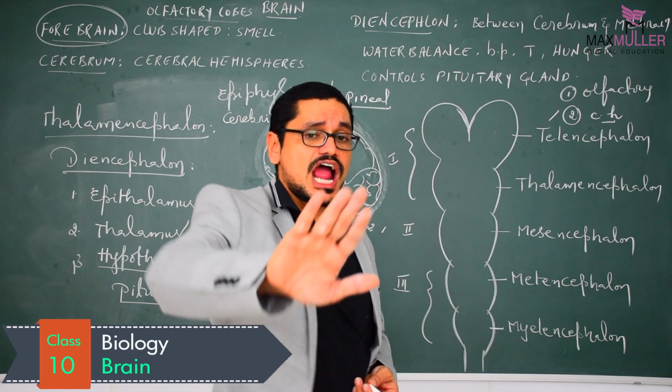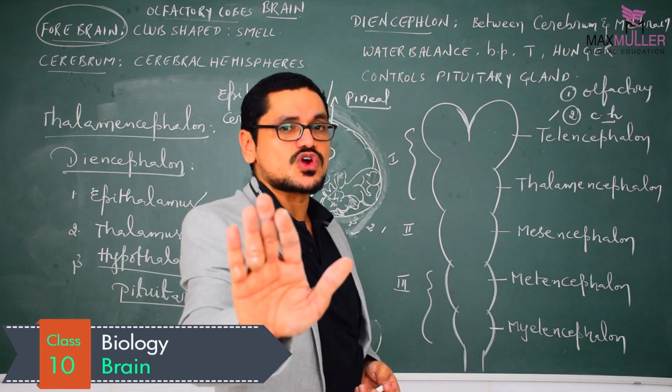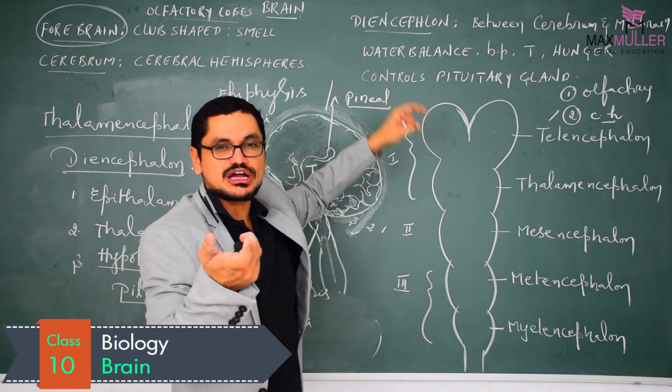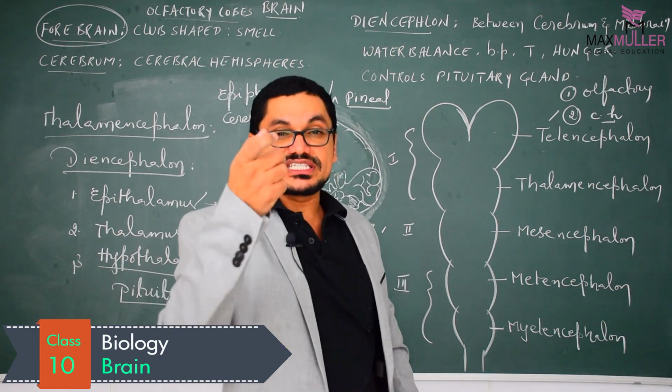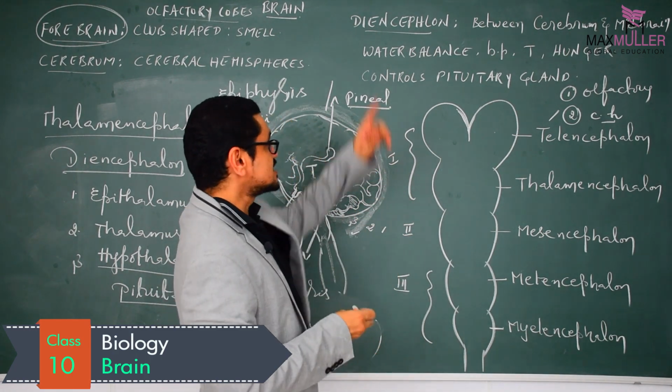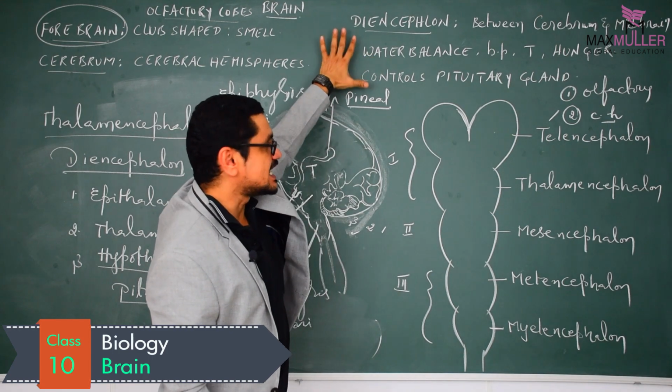Like that you will say. And who is going to give the command? Please stop. Who is giving the command? This diencephalon is going to give the command, what is called the saturation center. What is called the satiety center is also under the control of the diencephalon.